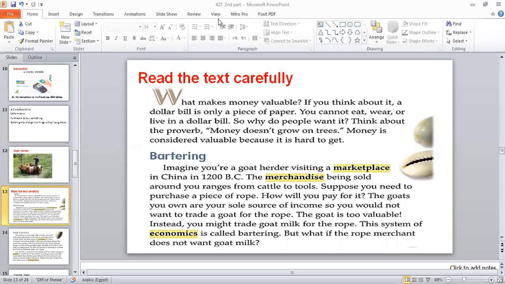Yes, teacher. The second part, bartering.